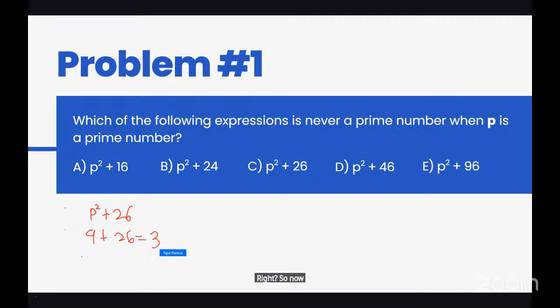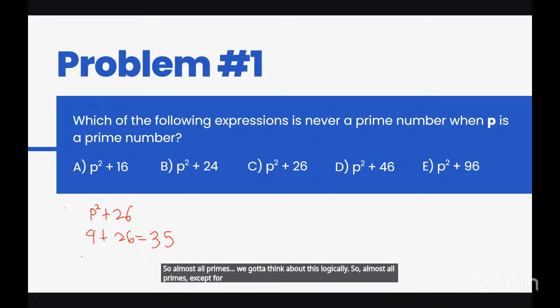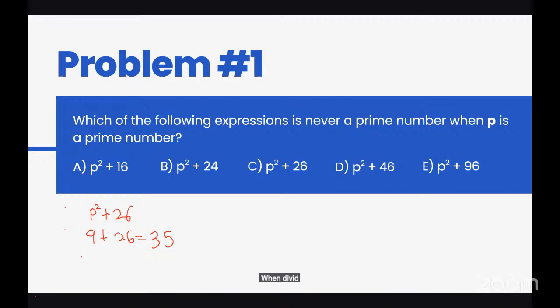So now let's look at all of the other prime numbers. So almost all primes, we got to think about this logically. So almost all primes except for 3 have a special property. When you square them, the remainder is always 1 when divided by 3. So this is kind of our biggest superpower here, realizing that trick.